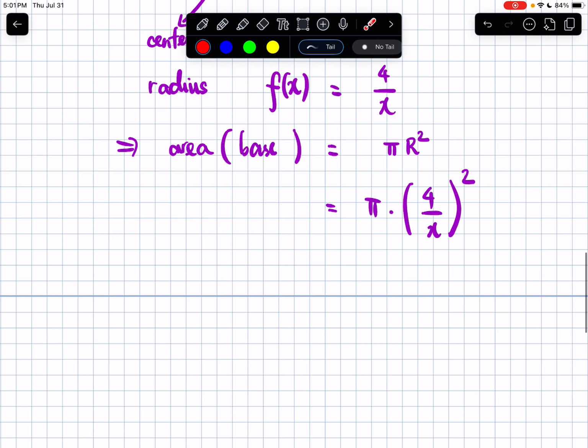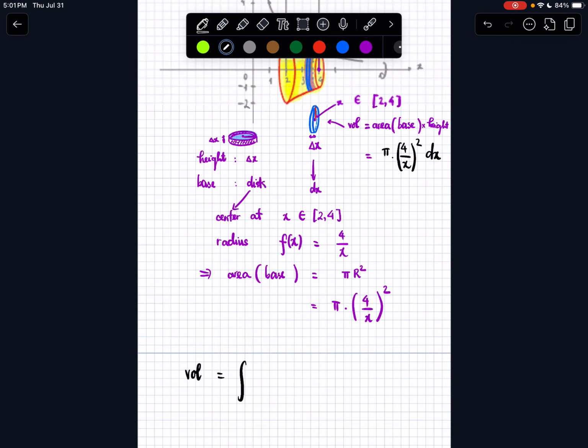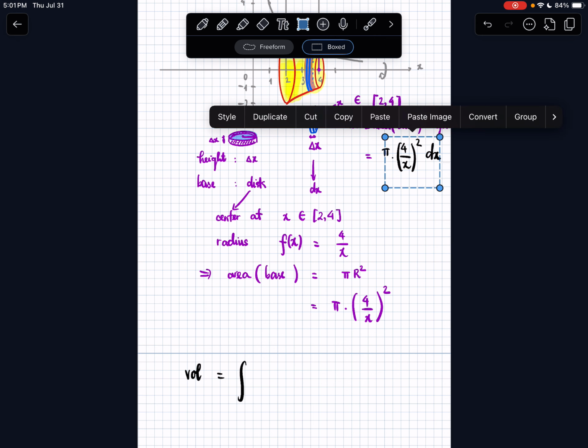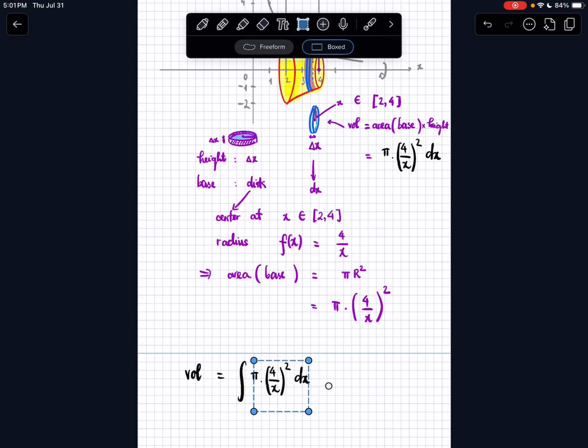So our volume is the integral of pi times 4 divided by x squared dx, where x is between 2 and 4.